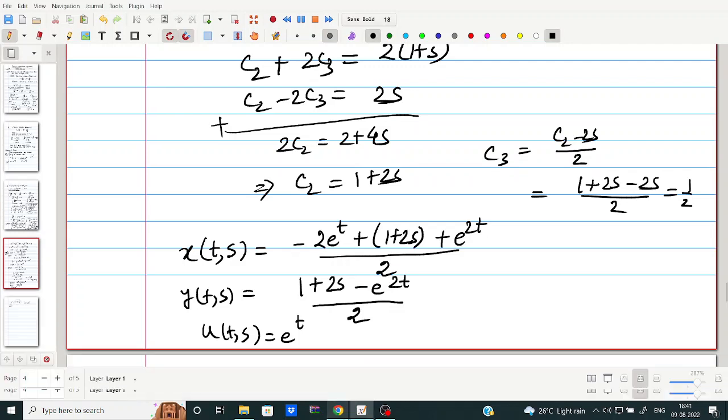So I will write this and compare with the options. Just putting s equal to 1, x(t) equals minus 2 e power t plus 3 plus e power 2t by 2, y(t) is 3 minus e power 2t by 2, and u(t) is e power t.